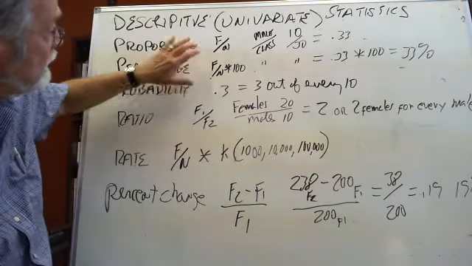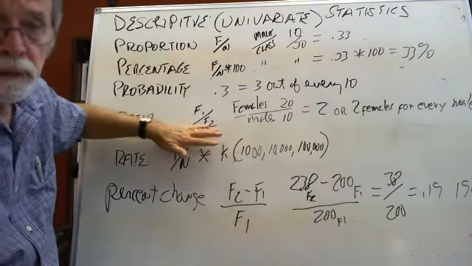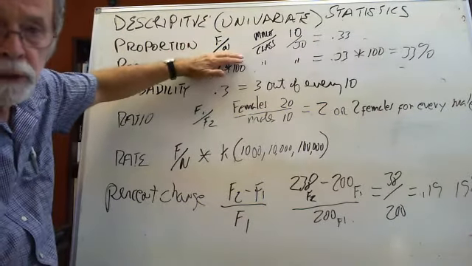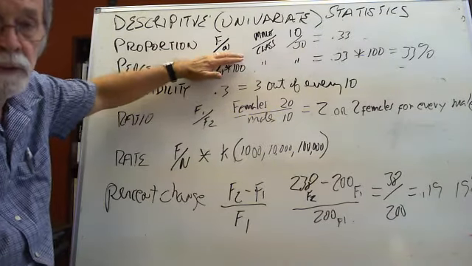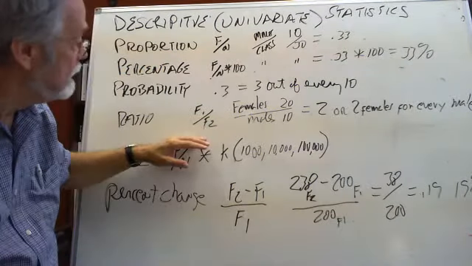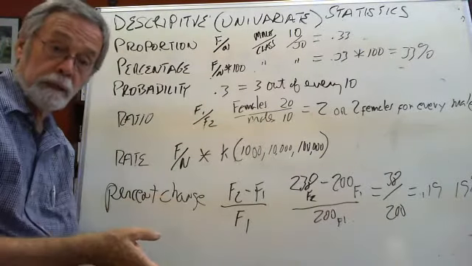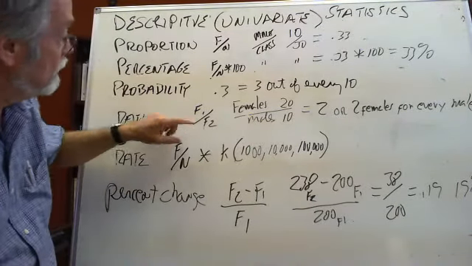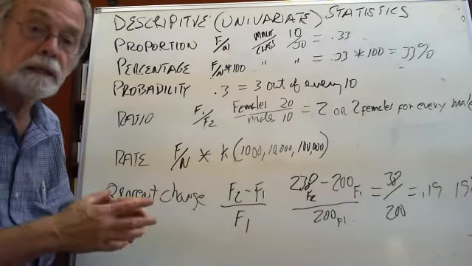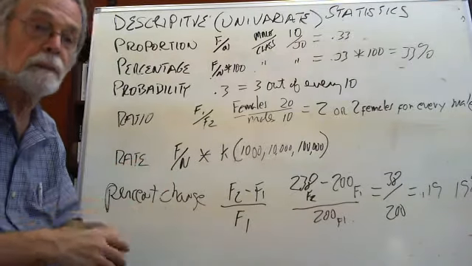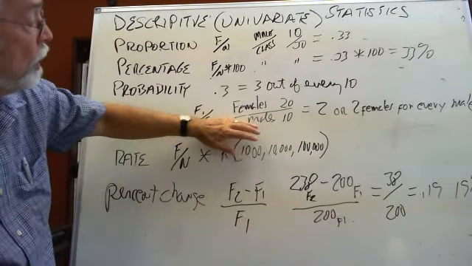Now a ratio has a similar numerator in a way, but the denominator is very different. Here the total is the denominator. Like if it's a class, it's the whole class. If it's the city of San Antonio, then it's all of the city of San Antonio. Here what we're looking at is a ratio between 2 categories, male and female, and we want to know the relationship of males to females, not how many males to the class or how many females to the class, but the ratio of males to females.